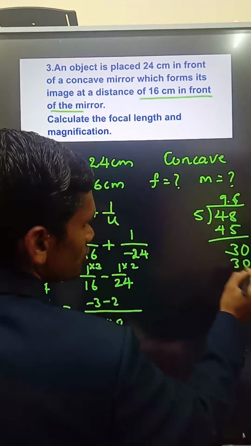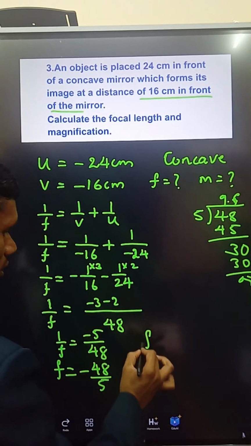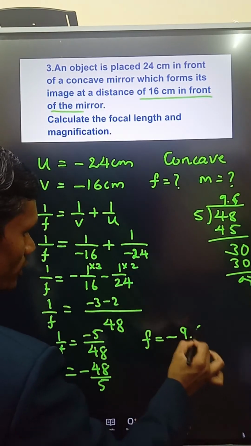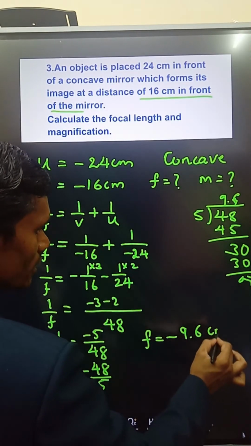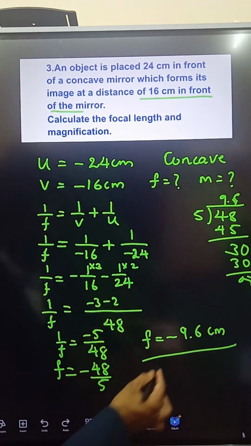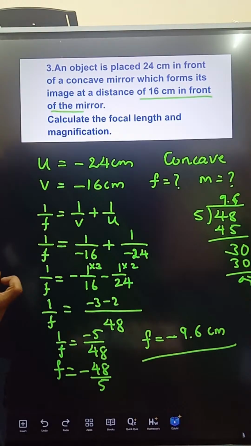So what do we get? 9.6. f is minus 9.6 centimeter. Since it is already given in centimeters, this is also in centimeter. So the focal length we get is minus 9.6 centimeter.